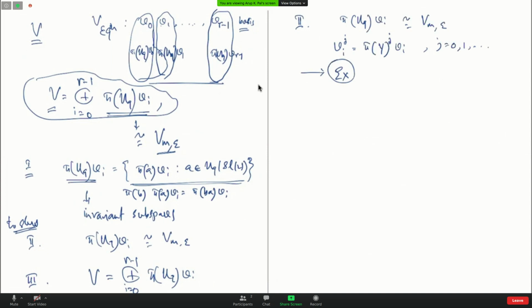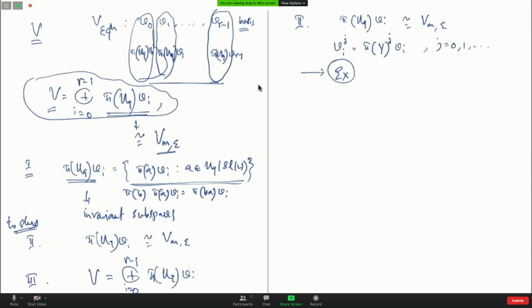Okay. Now what remains is to show that this is a direct sum. Once you show this second part, intersection of two should be either full space or 0.